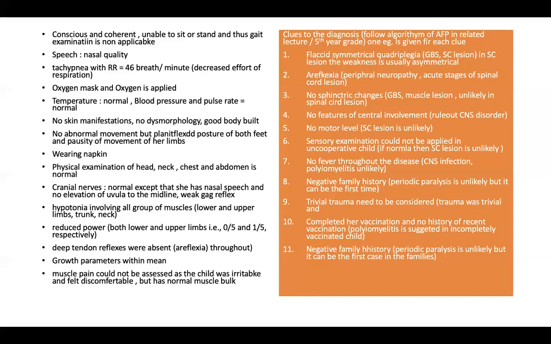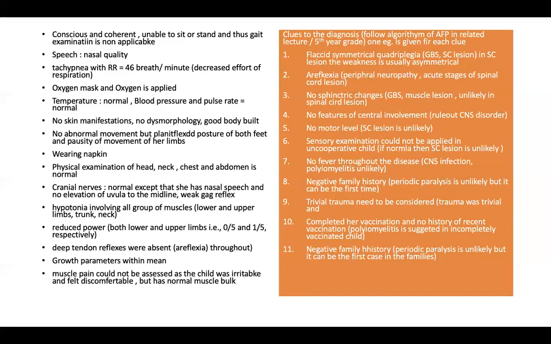ممكن especially بالspinal cord lesion ممكن واحد يقول ليش يكون عندها flaccid quadriplegia and absent reflexes. ممكن بالacute stage يكون shock state of spinal cord تنطينا features of peripheral lower motor neuron changes. But usually in the spinal cord lesion, the weakness or the features is usually asymmetrical.